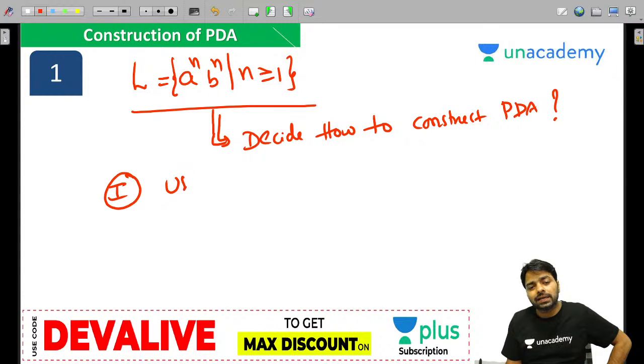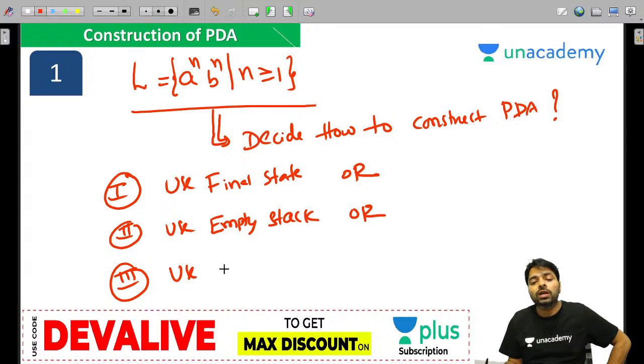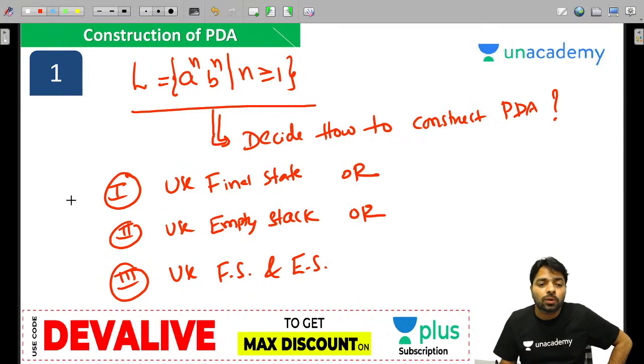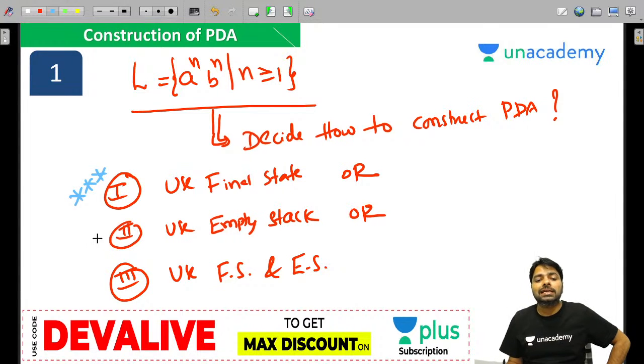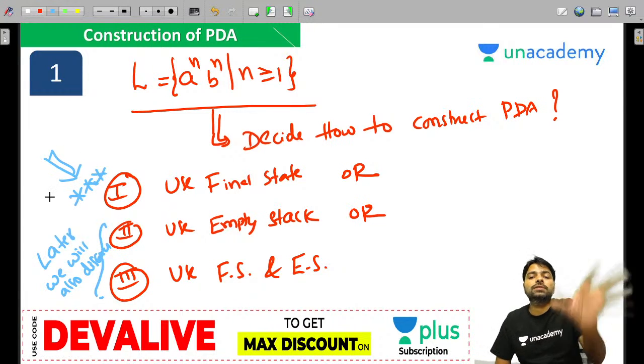You can use the final state mechanism, or you can use empty stack, and all the machines are different, or you can use both. First, you decide which one you want to design, then only can we proceed. I am going to follow the final state one every time, but later on I will explain the others. Later we will see this too, and discuss this also. So my focus is on how to design a PDA using final state.